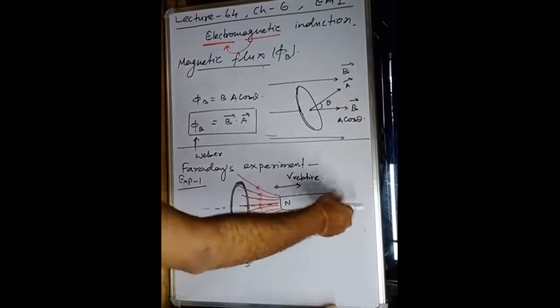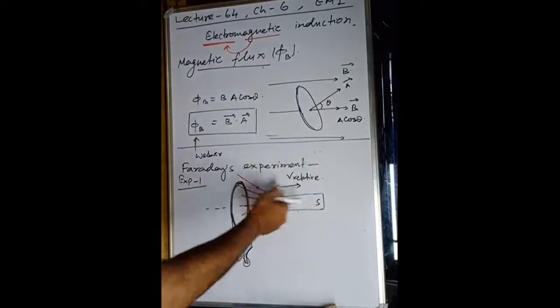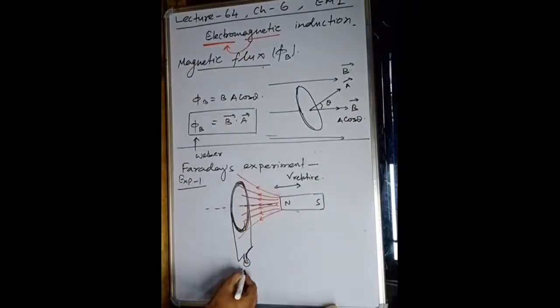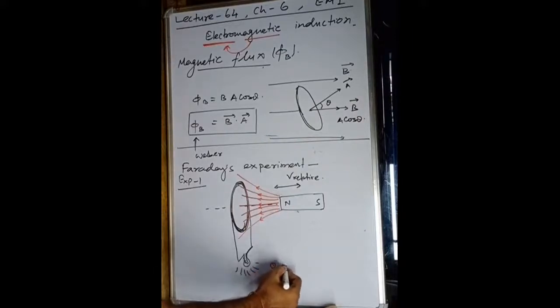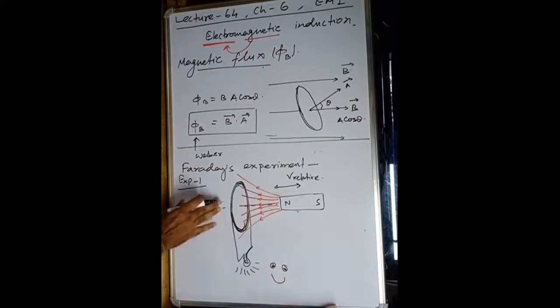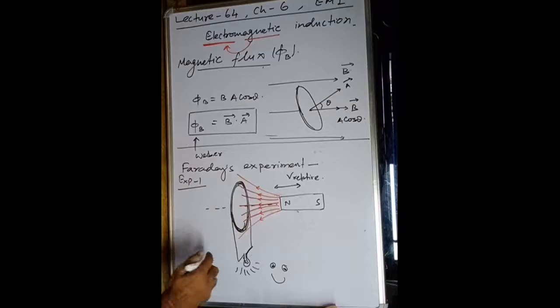As soon as this magnet moves, and till it moves, this bulb glows. And this glow shows that there is an induced EMF in the coil and a current induced. Here E induced, or you can say I induced in the coil.